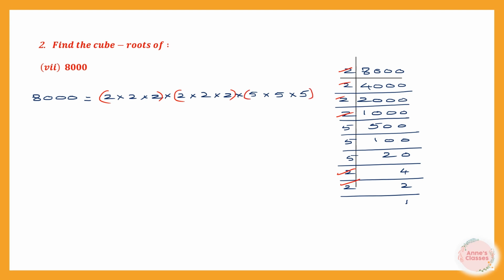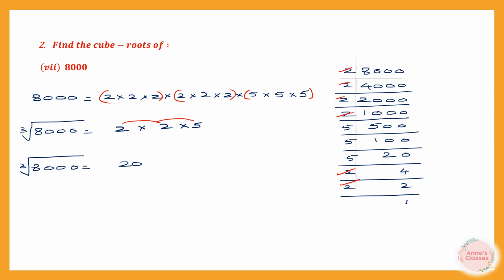Now let's find the cube root of 8000 by picking one from each triplet. So that is 2 into 2 into 5. So the cube root of 8000 will be, multiply these factors, 2 2s are 4, 4 5s are 20. So if you multiply 20 3 times, you will get 8000. So the cube root of 8000 is 20.